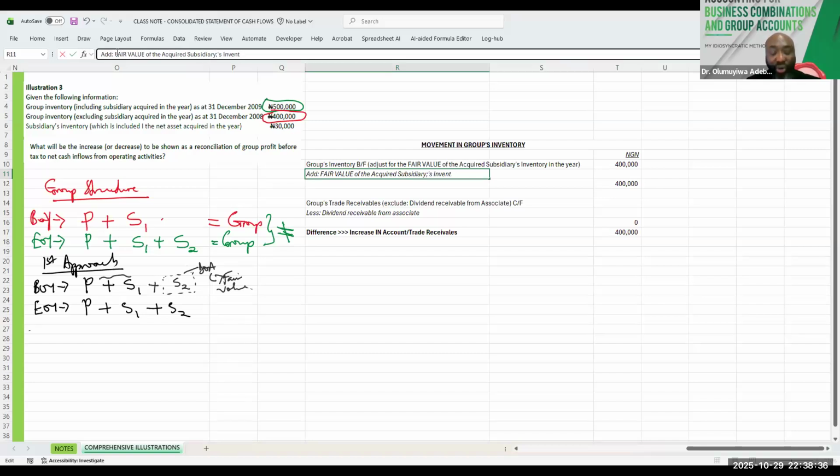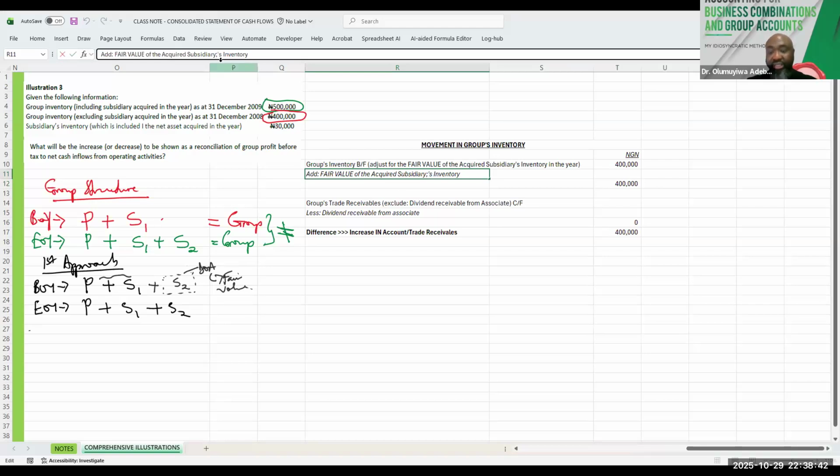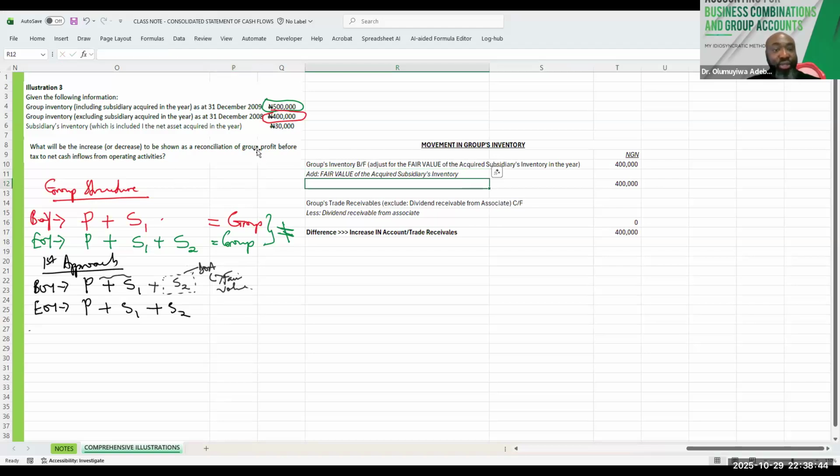At the point of acquiring the subsidiary, the inventory included this 30,000. And this 30,000 will be added to the opening inventory to give us 430.